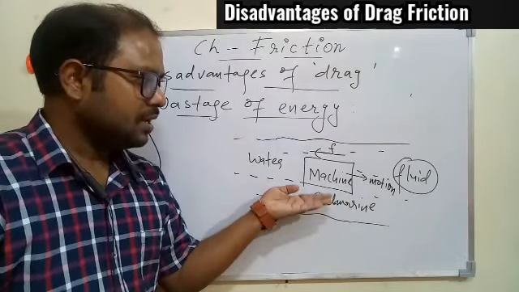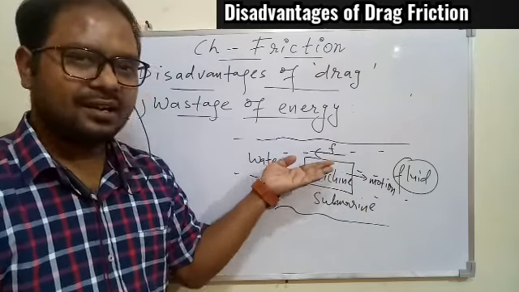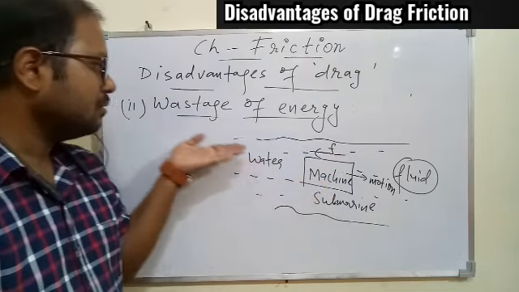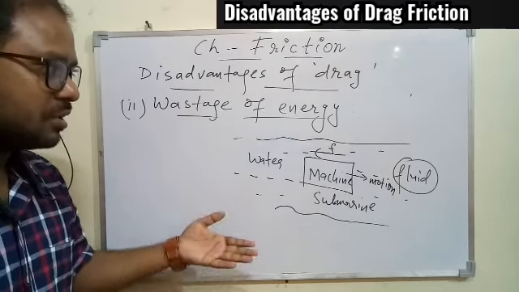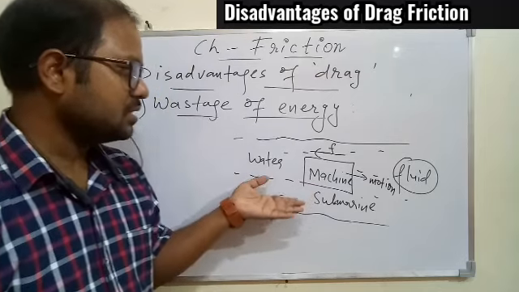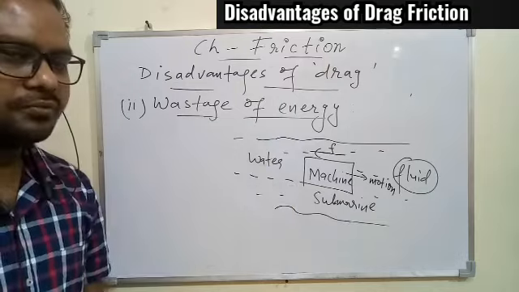Now if this submarine has to move forward, then it has to overcome this friction drag or drag friction, and to overcome this drag friction, more energy will be utilized, because if you have to overcome any friction, extra energy is required, and in that way we can say there will be some wastage of energy or wastage of fuel.